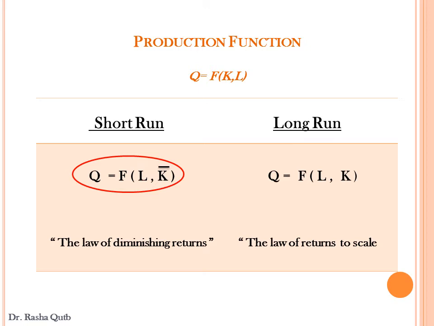Output in the short run is given by the law of diminishing return, while the long run is a time period in which the firm can change all of its inputs. In this case, labor and capital are variable, and the output in the long run is governed by the law of return to scale.